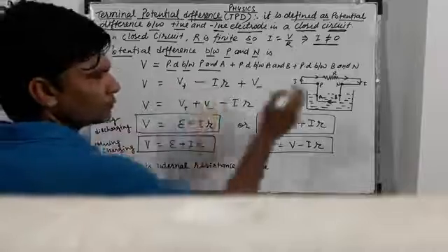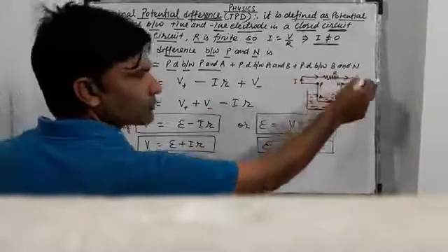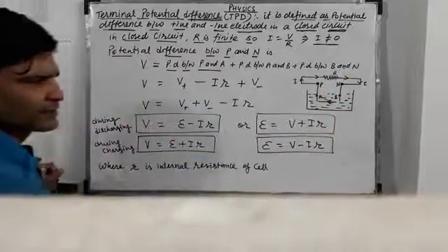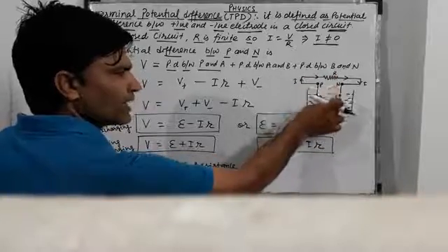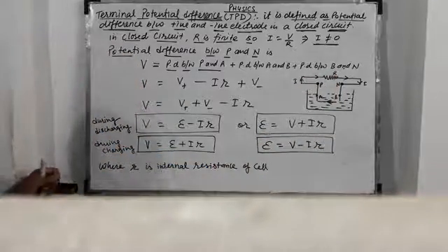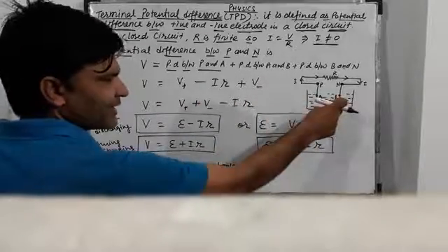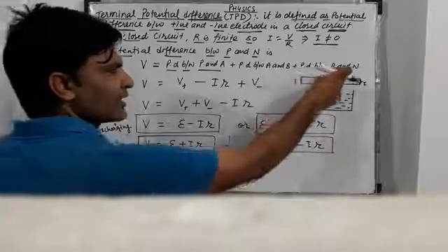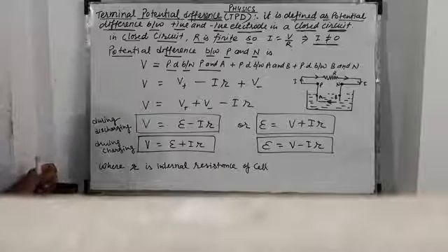This is due to the direction of current: outside it is this and inside this, both are opposite. So the direction of current in the electrolytic solution is opposite to the direction of flow of current in the circuit.